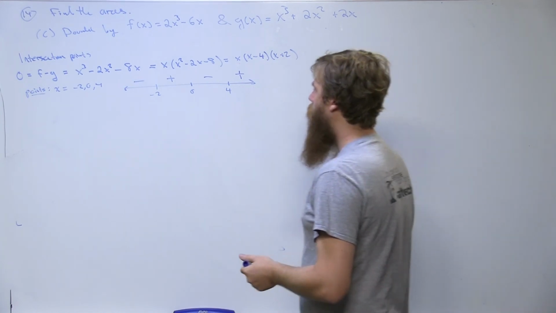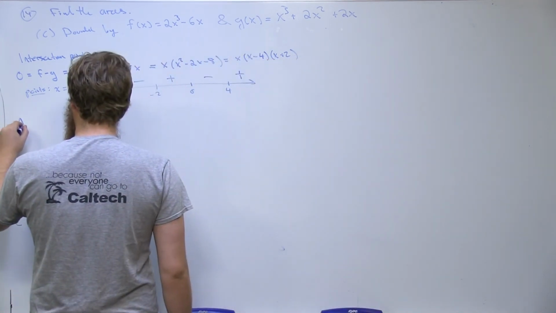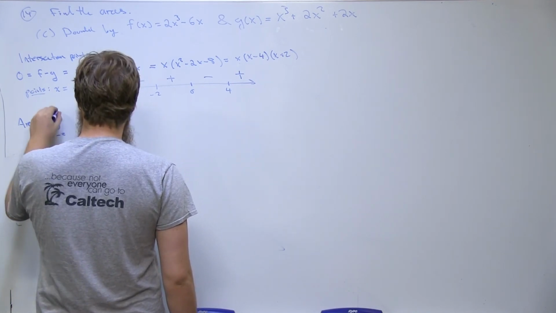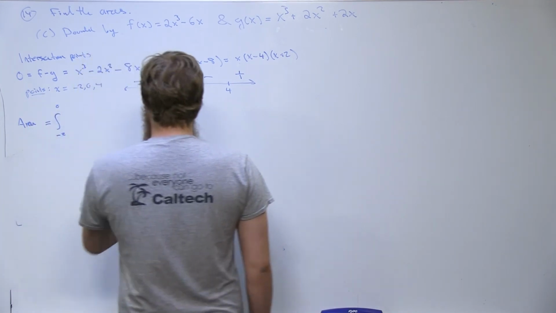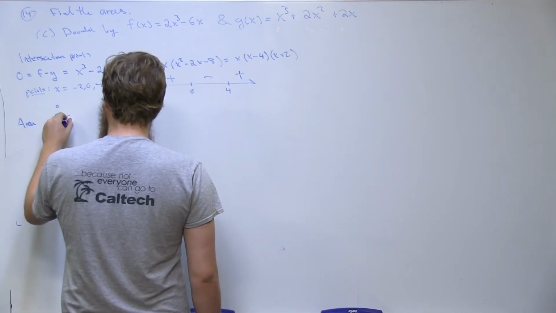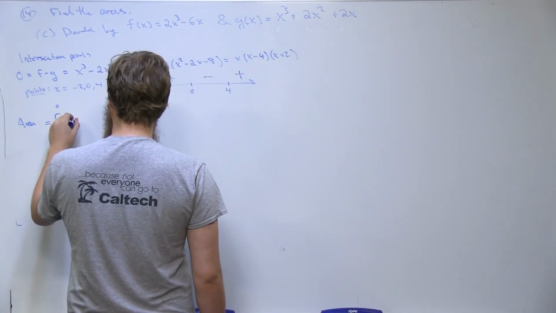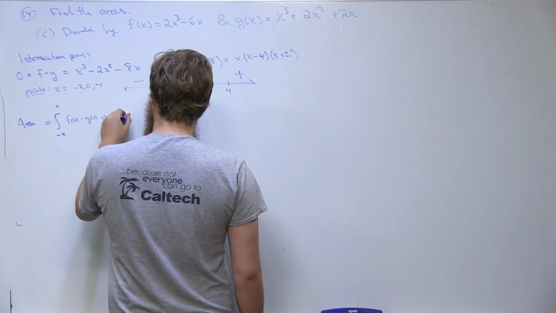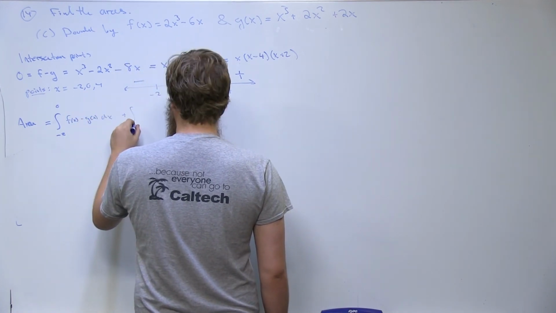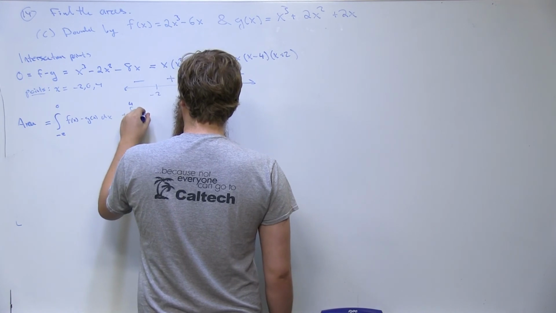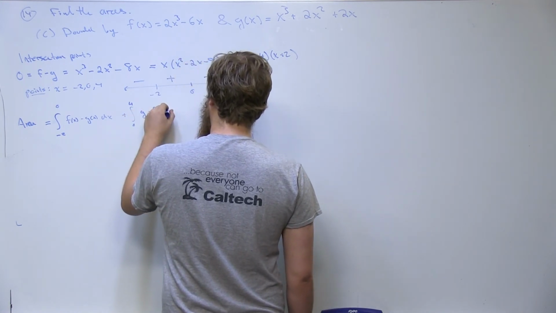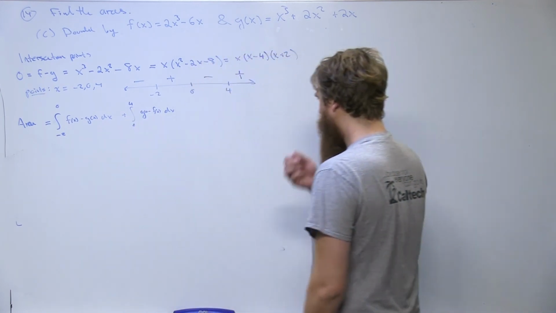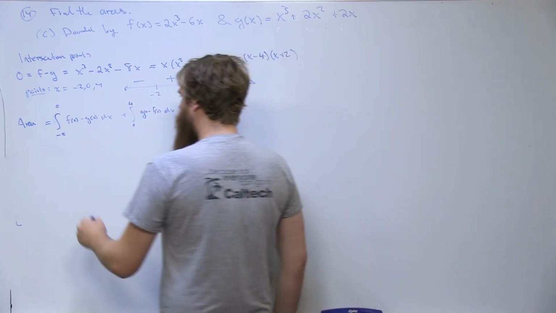So the area in question is equal to the integral from -2 to 0 of f minus g plus the integral from 0 to 4 of g minus f. Okay? We'll compute each of those.